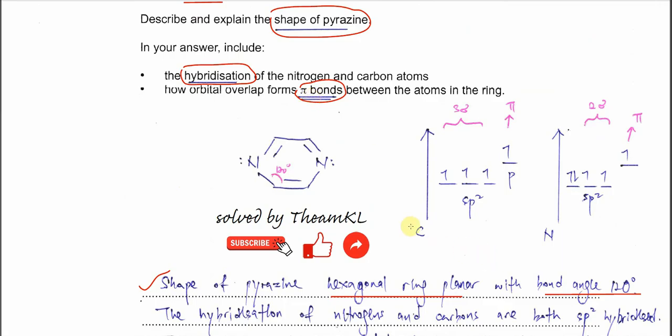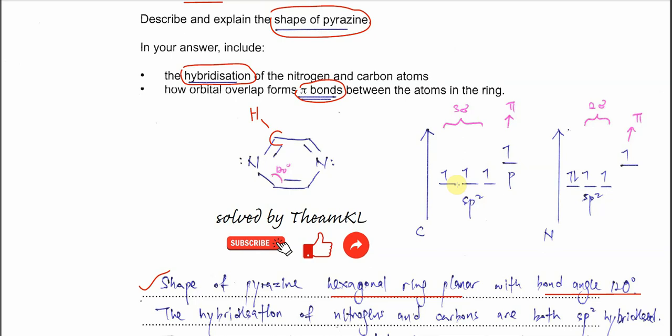Let's start from the carbon. See, carbon is here. The carbon forms 3 sigma bonds; there is 1 hydrogen here. So carbon will form 1, 2, 3 sigma bonds and 1 pi bond. So carbon with 3 sigma bonds has sp2 hybridization.